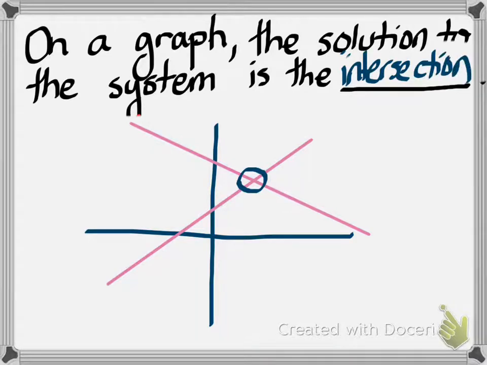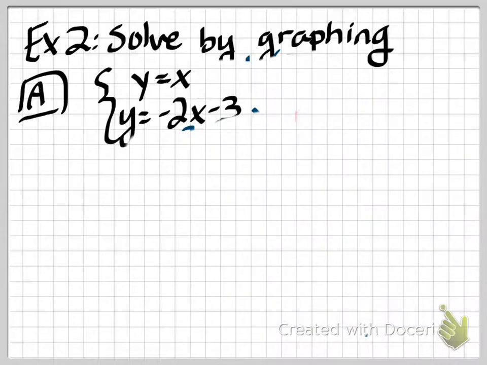What's great about graphing, or when it's already graphed for you, is that it's easy to see it. It's not the best way we're going to learn how to solve systems, because graphing can't be perfect for every equation. So we'll be practicing it where it works out well, and then we'll move on and learn some other ways to do it too. So let's look at the first one, example 2a. We're going to solve by graphing.